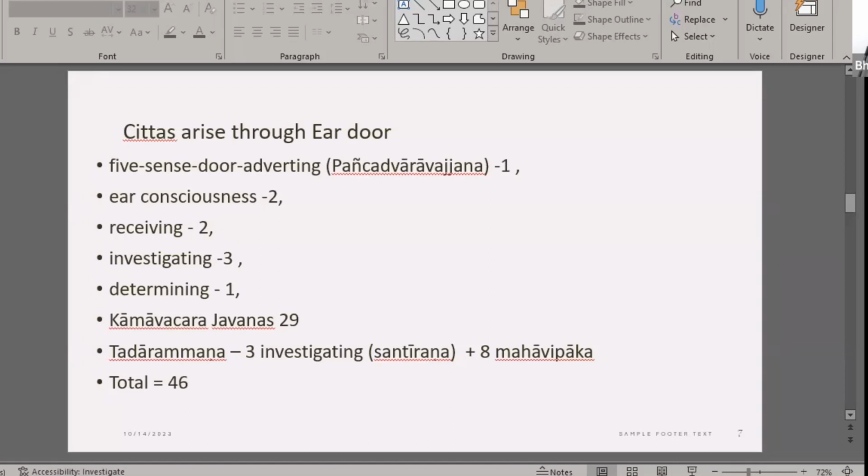I think now you can get the trick. How can we find out the chittas that arise through the nose-door, tongue-door, and body-door? I think now you can get the method. Please think a moment.